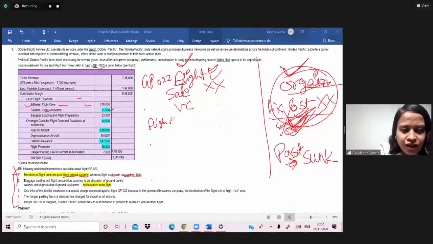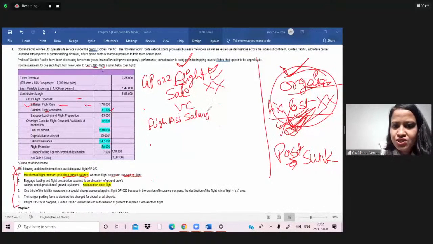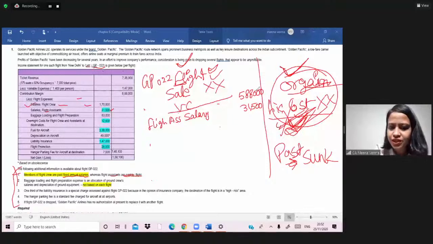Flight assistant salary is 31,500. Okay, ji. What is the contribution? Sale minus variable cost is contribution, which is 588. Okay, ji.